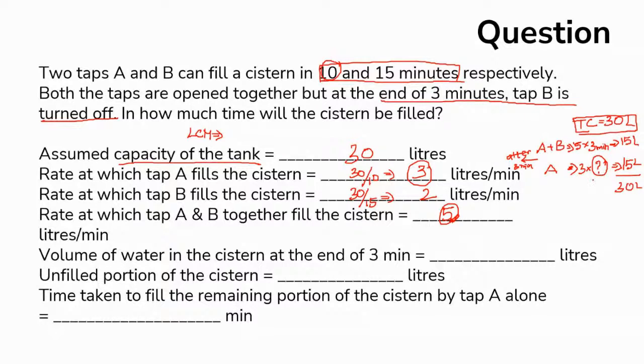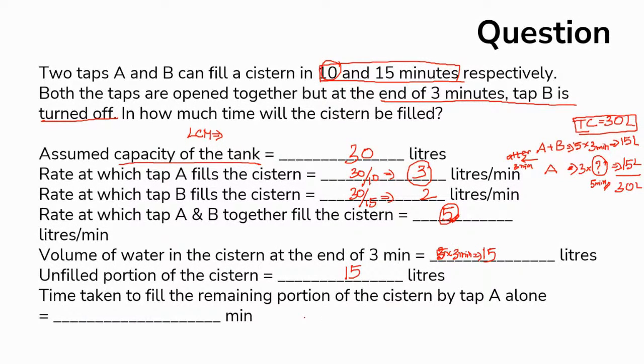So 5 into 3 minutes will give me 15 liters, and the unfilled portion will be 15 liters, and the time taken to fill the remaining cistern.